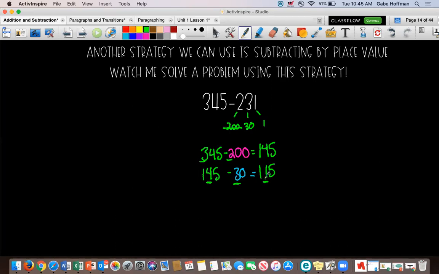Then I'm going to do 115 and take away my 1 that's up here. So 115 minus 1 is 114. If I lasso this part in the middle, you can see I have 231, which is the same number as what's up here. I'm just taking each place and subtracting that way.